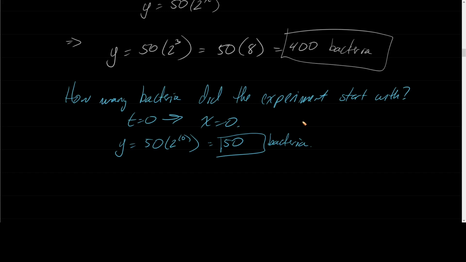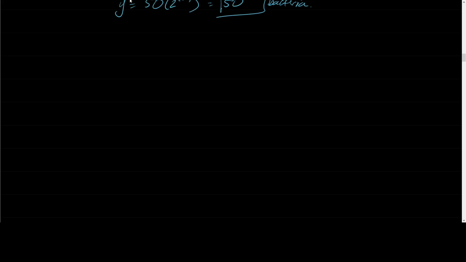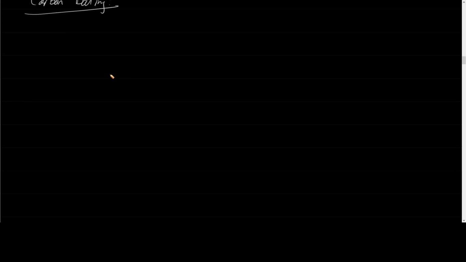Now, let's talk about exponential decay. All right, but the example we talk about is with carbon dating. All right, so carbon dating is exponential decay. So let's do the example.